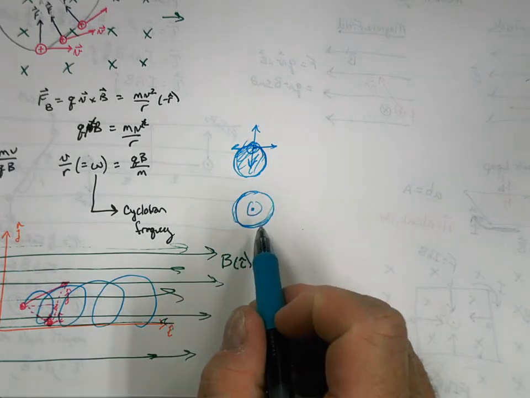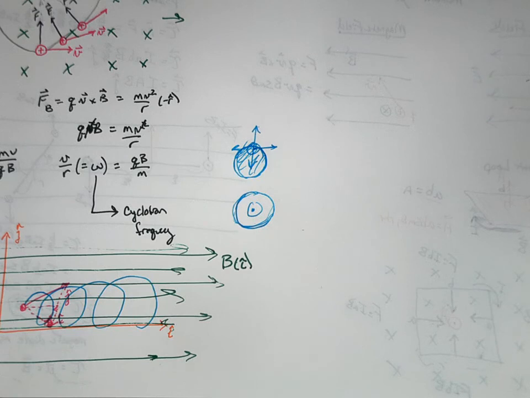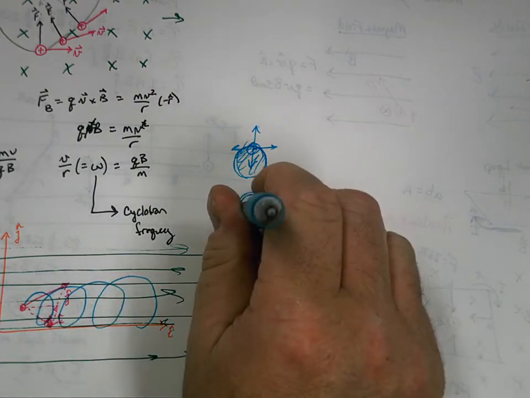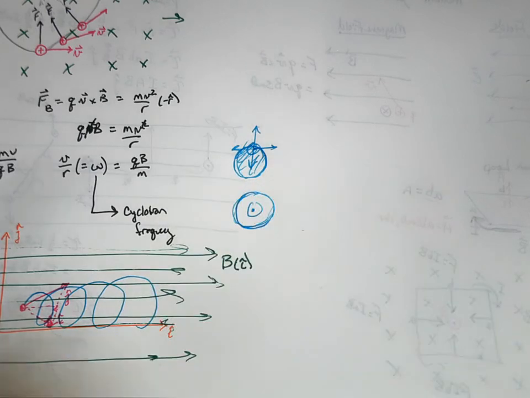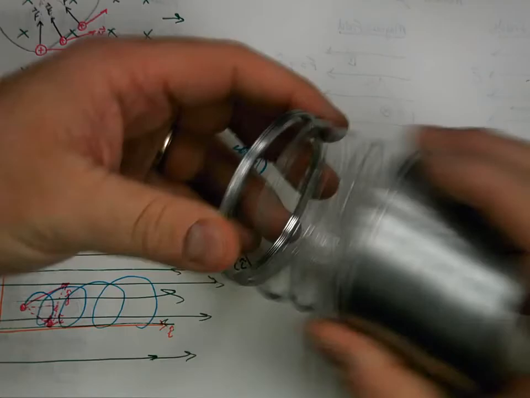But if we're looking at it from the side, it's still traveling with a velocity going in this direction. So let's change this into the page vector and alter it to the side. And when we do that, it looks like this.